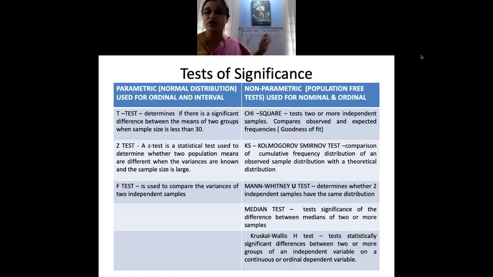Please remember, for the t-test and the z-test, the formula remains the same. There's no change in the formula. And manually it is very easy for us to do only the t-test. But when it comes to a z-test and an f-test, you can always go in for a software, a statistical package which is going to help you with all this.